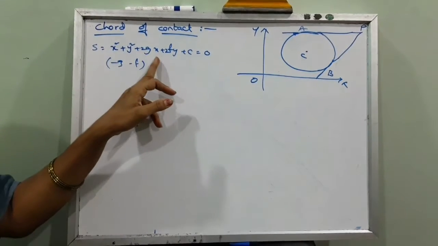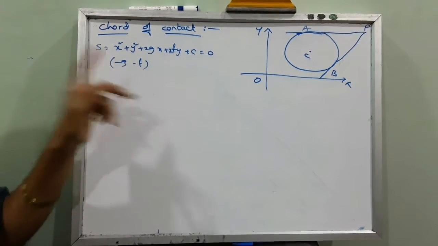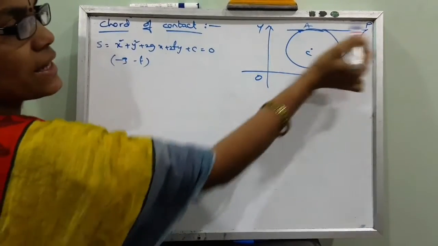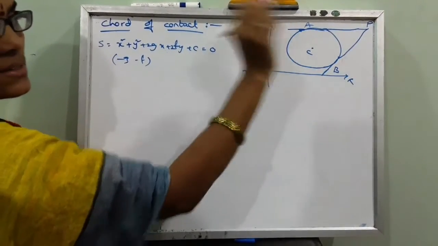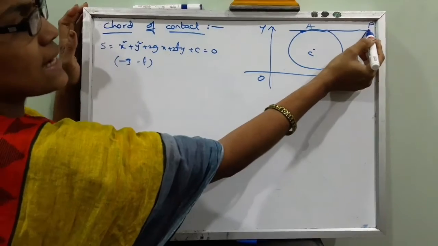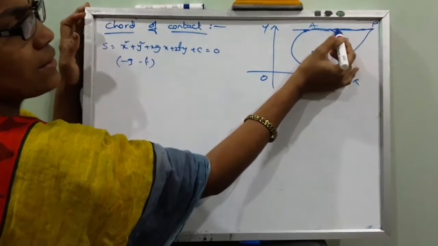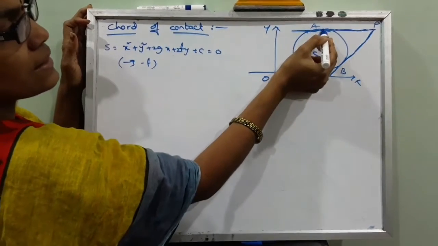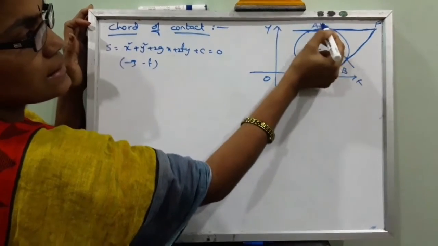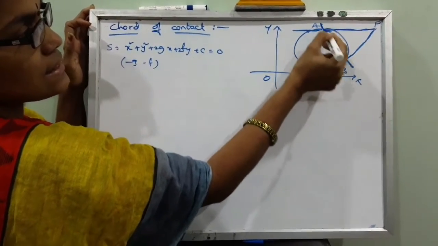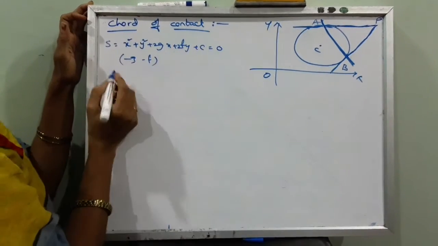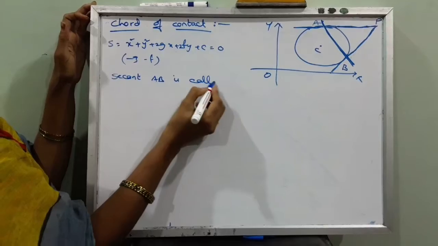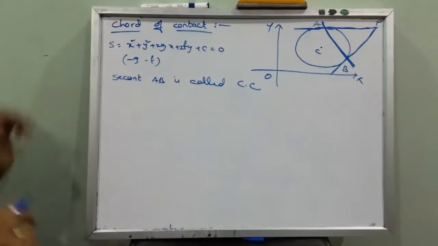Now see, general form of circle is x square plus y square plus 2gx plus 2fy plus c is equal to 0. Here PA and PB are the tangents of a circle. Now tangents drawn from P to A and P to B, then secant AB is called a chord of contact.